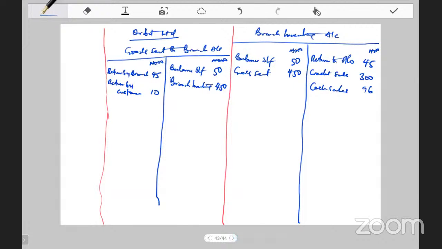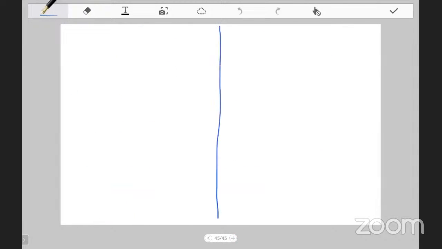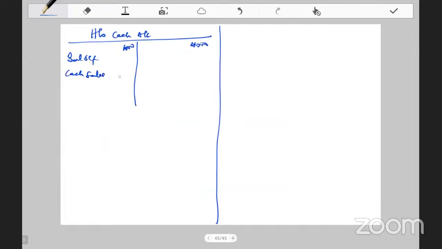So we should go to the head office cash account. And what is the amount? 96.